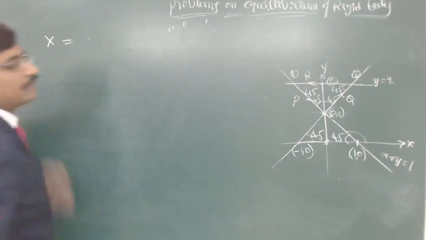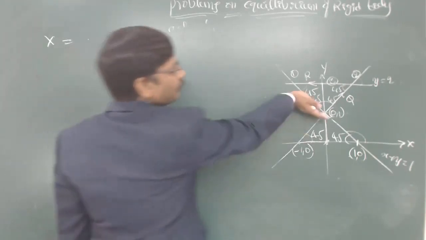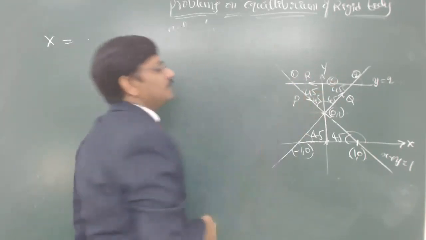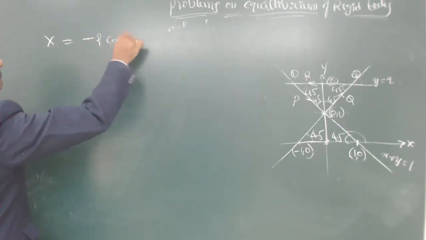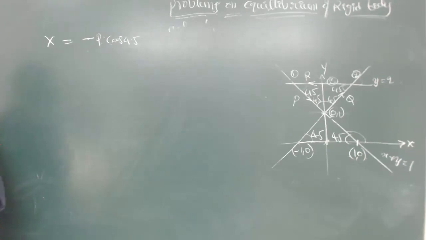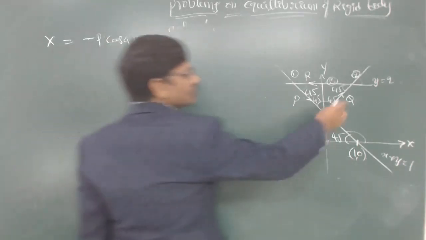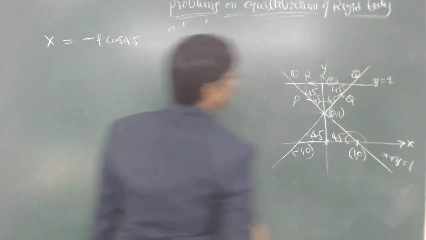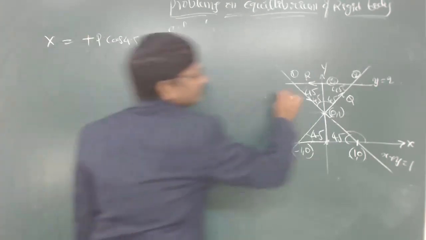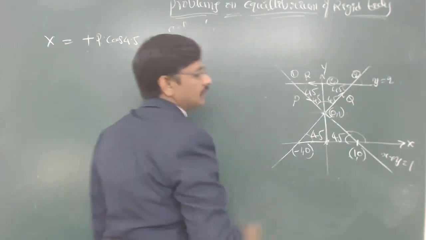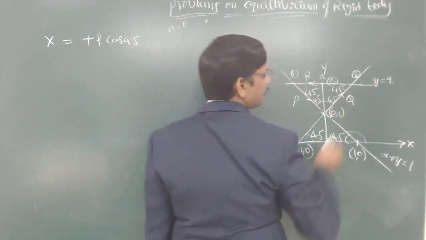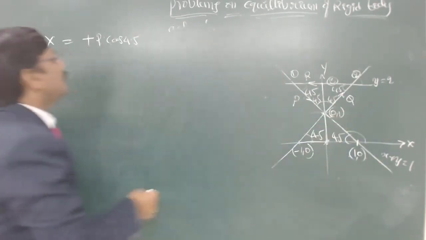Now the force component along x-axis. If you project along x-axis, this is minus P cos 45. And then this force component is plus, because this is towards the positive x direction. This P force component is along the positive x, and Q also is in the positive x direction, so that is Q cos 45.